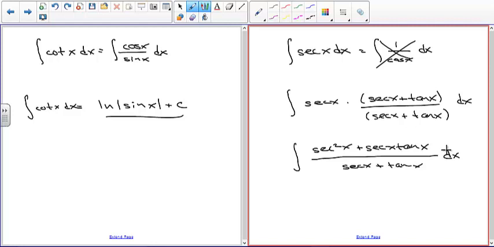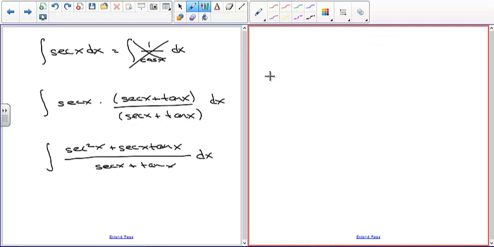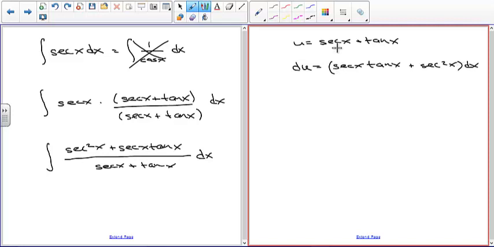Right now it looks like it's just getting more complicated, but if I let u equal the denominator, and then I take the derivative of my chosen u, the derivative of the secant of x, if you look that up in your derivative tables, is the secant of x times the tangent of x, and the derivative of the tangent is secant squared. So you can see that the numerator is that.